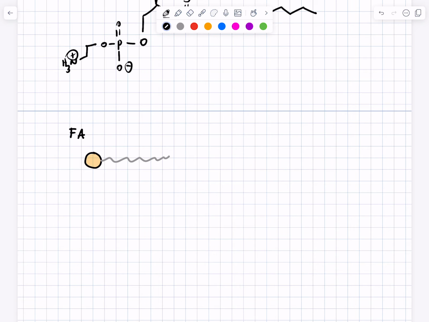In contrast, the phospholipid and the sphingomyelin have a polar head group, but instead of having 1 nonpolar tail, they've got 2. And that makes a difference, which I think maybe I've talked about before, or maybe I haven't.